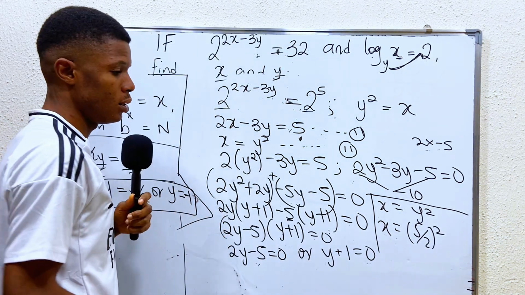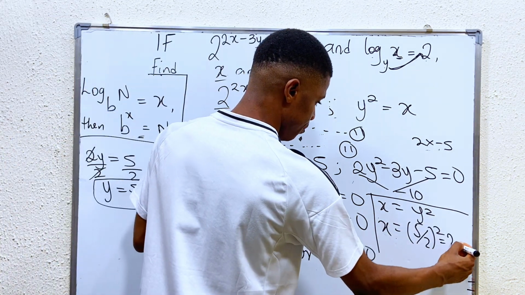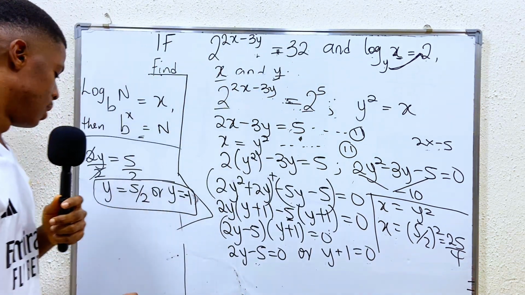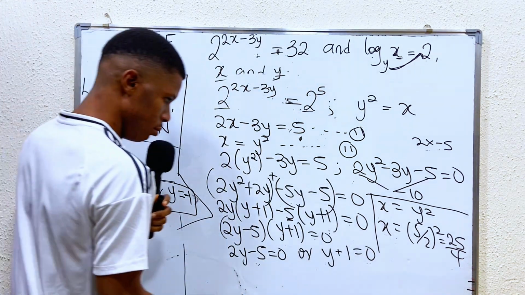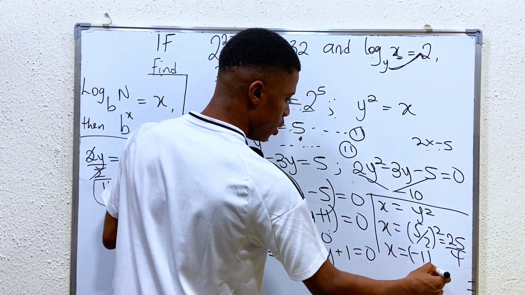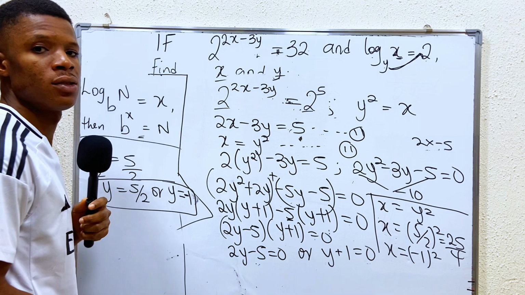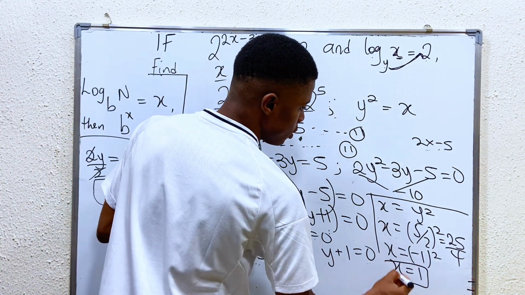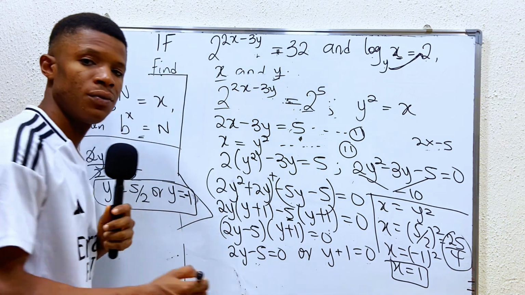And that will give you what? 5 squared is 25, 2 squared is 4, and that's the answer. Then for the second one, minus 1, x will be equals to what? Minus 1 all squared, and minus 1 squared is 1. So x is just what? 1. So x is 1 and x is 25 over 4.